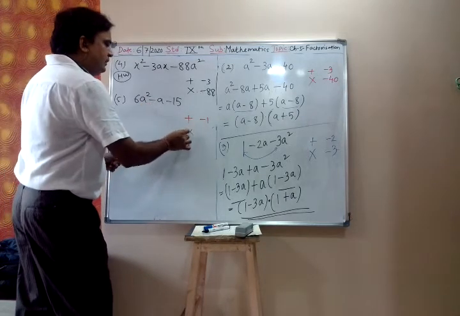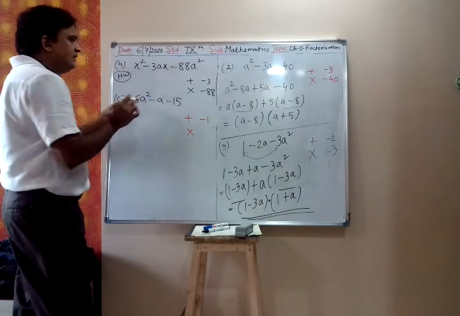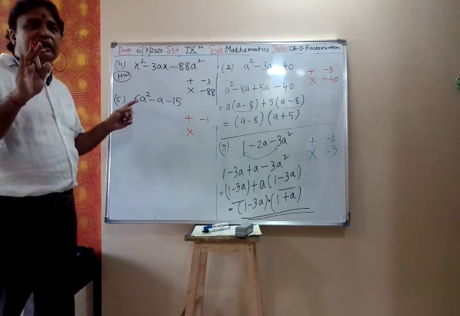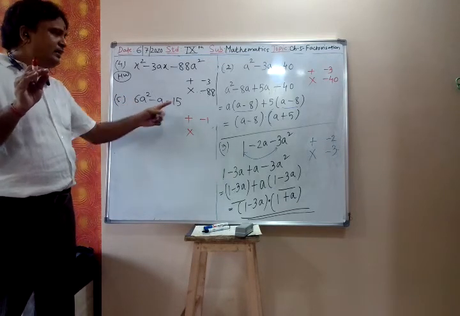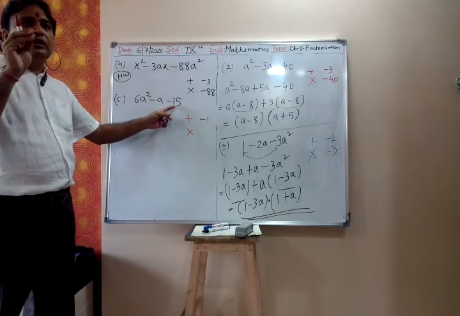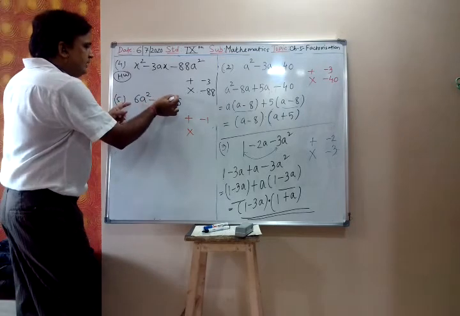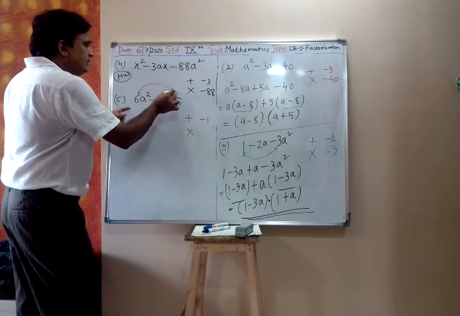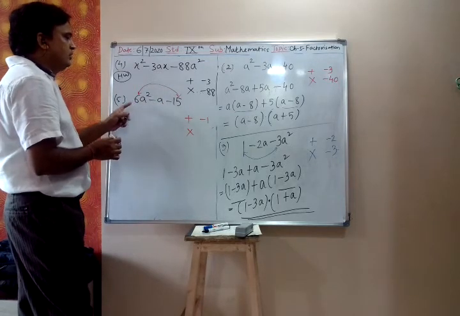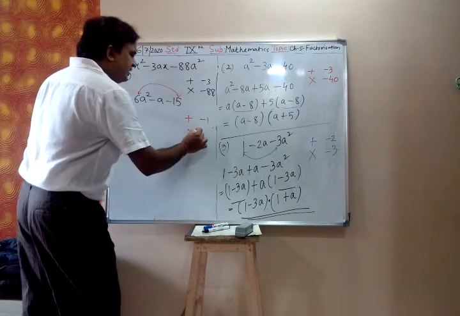And multiplication, see here, if in the quadratic it is a square, then we directly see the last term. But whenever coefficient of a square is not 1, then I have to take multiplication of first and last. These two I have to multiply. What is 6 into minus 15?